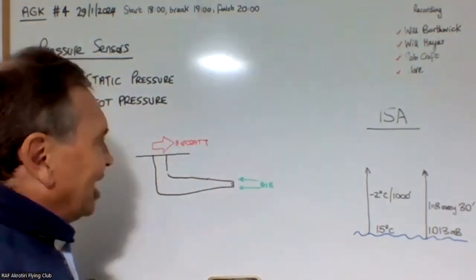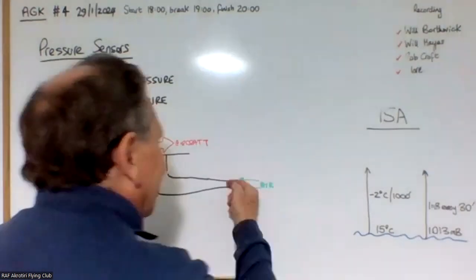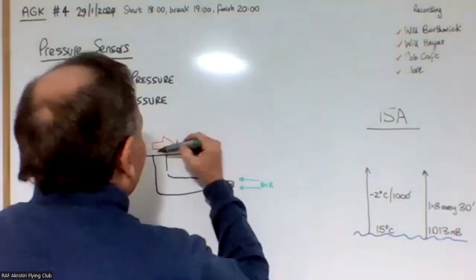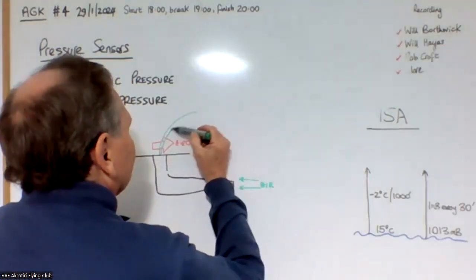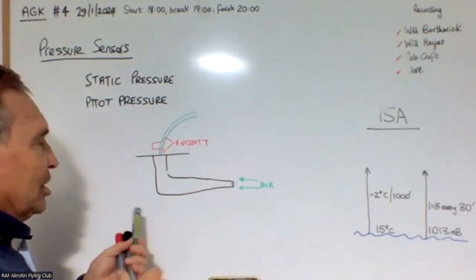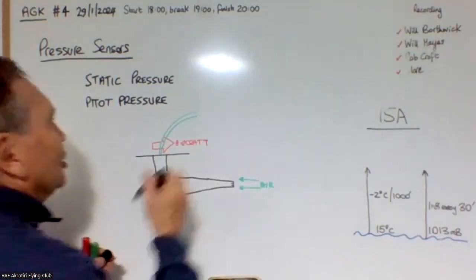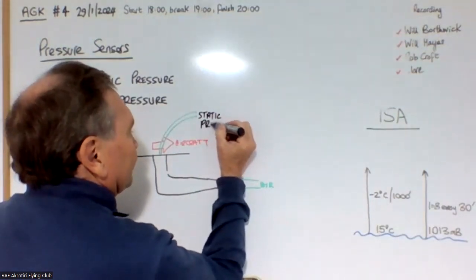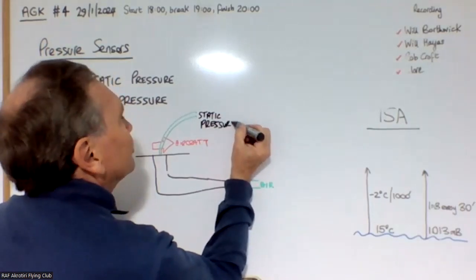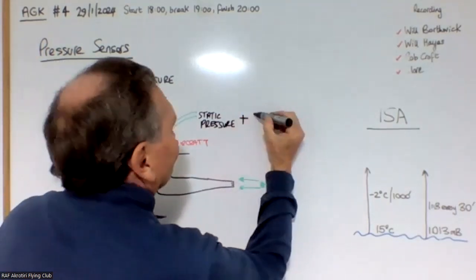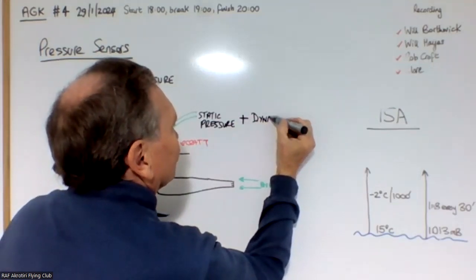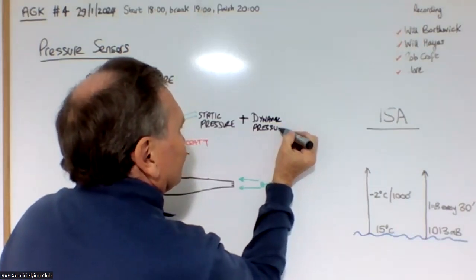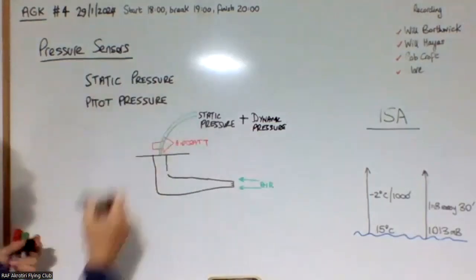So in actual fact, what you've got coming out in this tube here is static pressure plus dynamic pressure, which is giving you your pitot pressure.